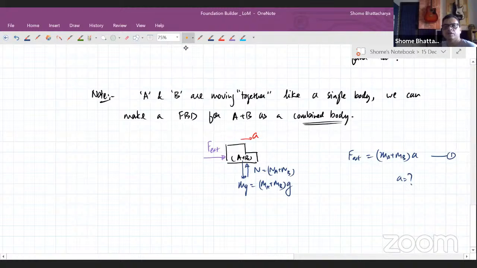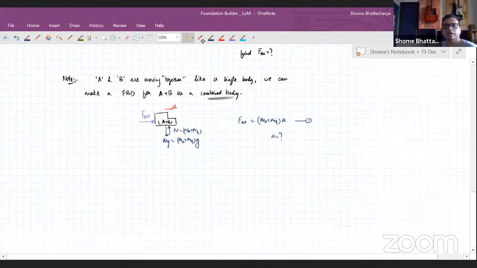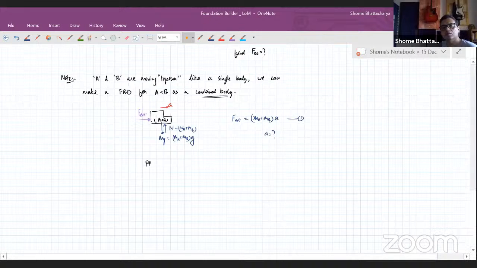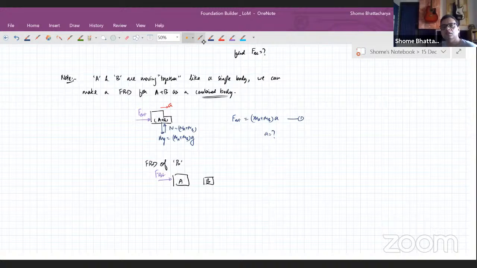To find the value of A, next we can make the free body diagram of the block B alone. If you look at the block B, when we are pushing A with a force like this, A is pushing against B with some normal reaction, let's say N1, and B is pushing A back with N1.